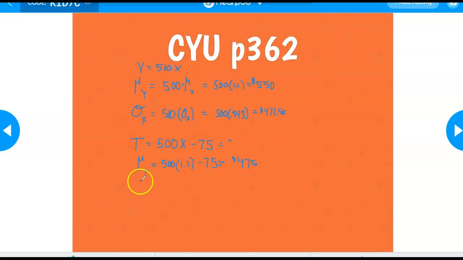The standard deviation of T, now we cannot add or subtract any value to standard deviation. If you add or subtract a number, the standard deviation remains the same. So for standard deviation, we don't apply that transformation. We just apply 500 times the standard deviation of X, which is 0.943.